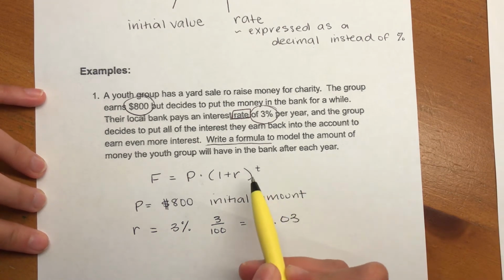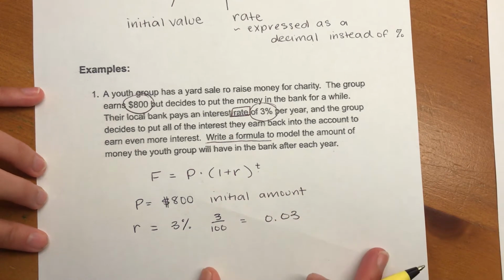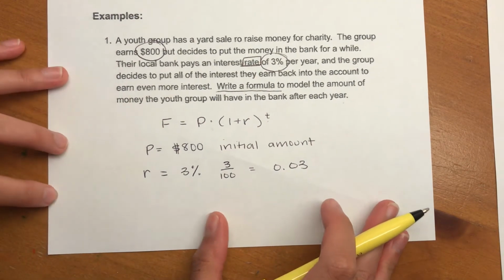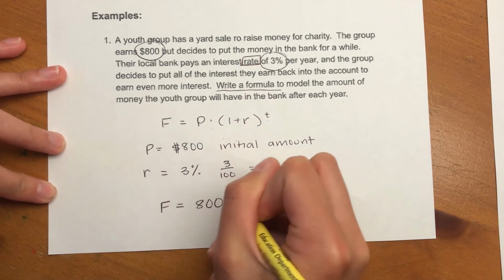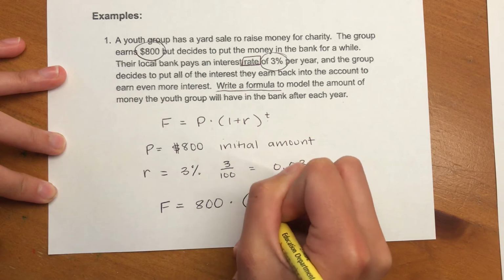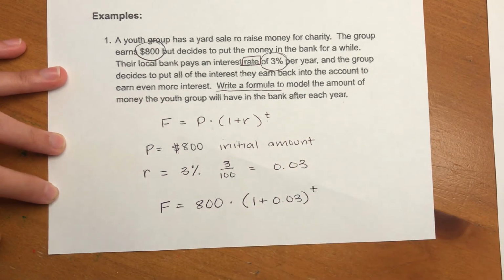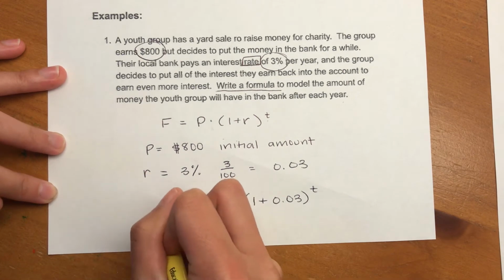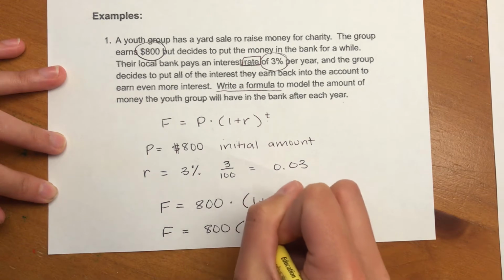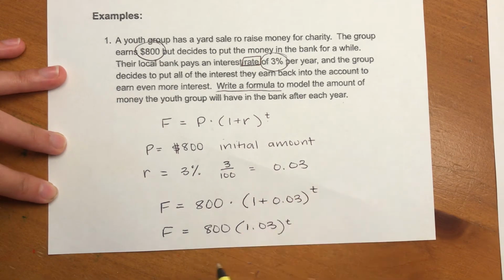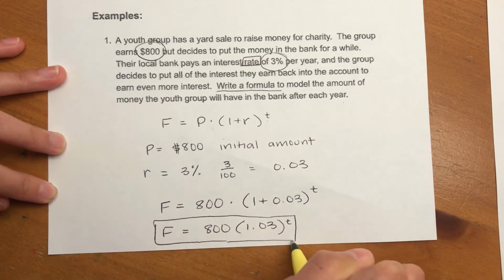Now I don't have any numbers. We know time is going to be in years. So right now I can substitute everything into my formula. So I'll have F equals 800 times 1 plus 0.03 to the T. And I can simplify this to be F equals 800 times 1.03 to the T. And this is going to be my final formula.